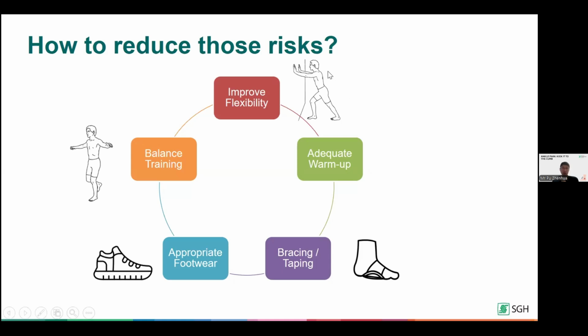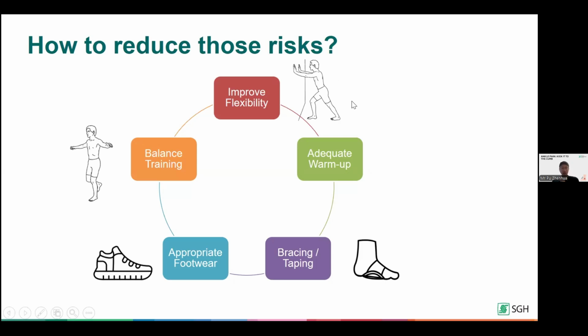You can see the person is leaning against the wall. What he is doing is stretching the leg at the back. He's stretching the calf muscle, and that can help to improve the flexibility of the calf, and that helps to improve the flexion range of the ankle as well.